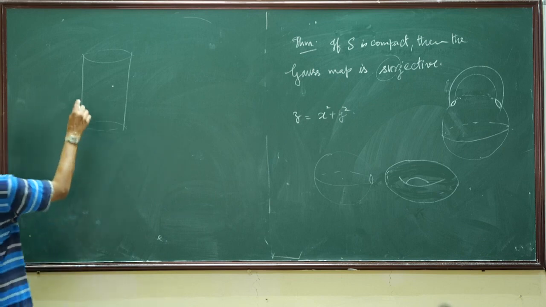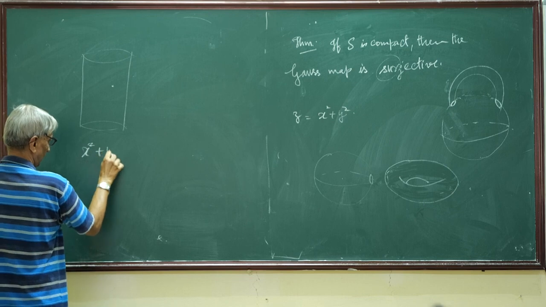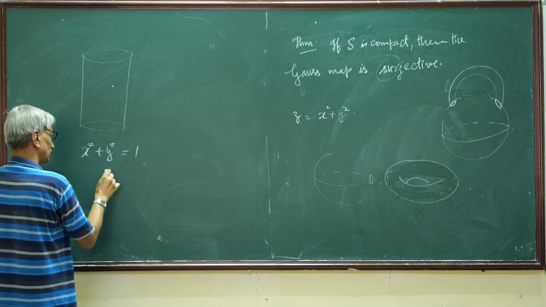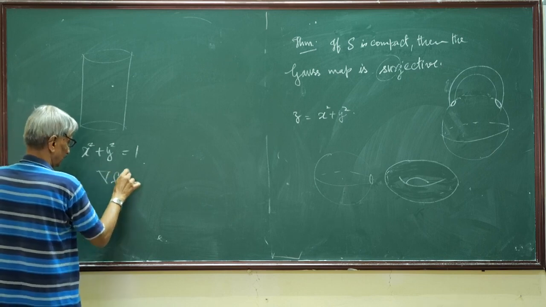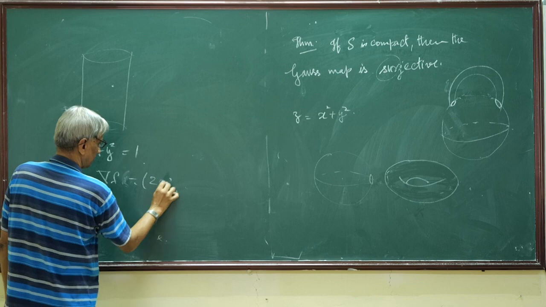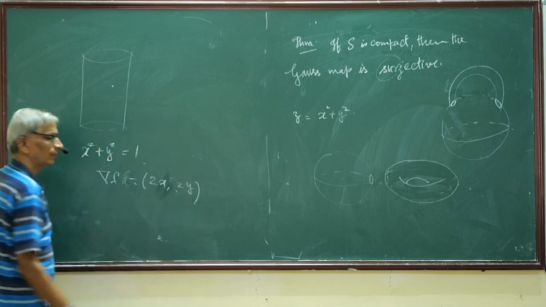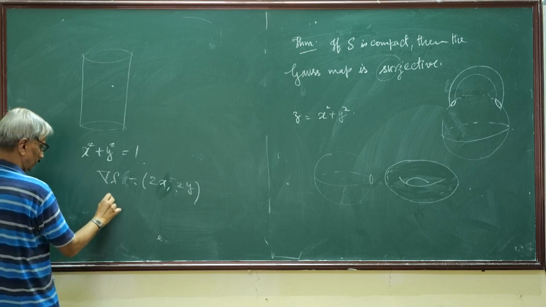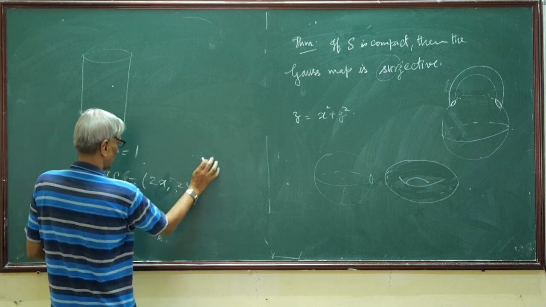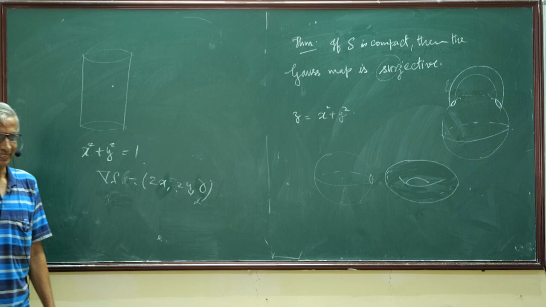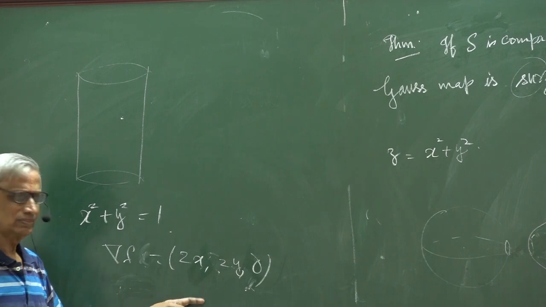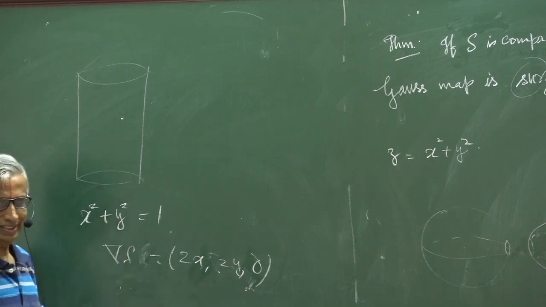So the cylinder is x square plus y square equal to 1. The gradient is 2x, 2y, 0. What is the orthogonal complement of this, for a point on the cylinder?